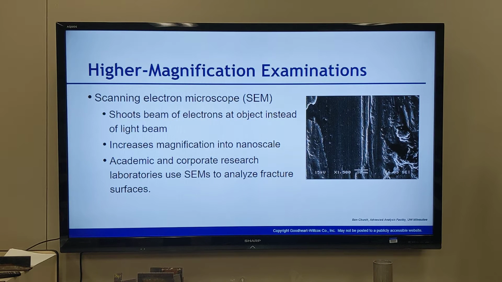We are really, really tiny. These are typically used in laboratories to analyze fracture surfaces. While those might not seem like a bad problem to us because it's on a nanoscale and you're not going to be able to see it, something even on that scale can come back and be a big, big problem.